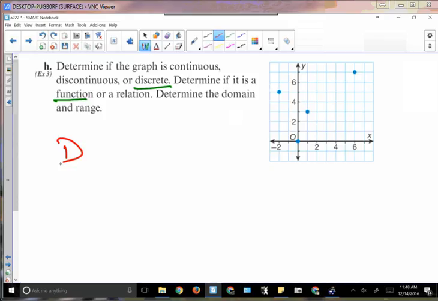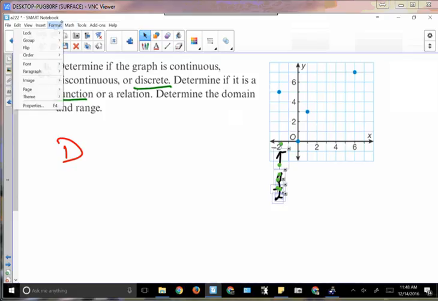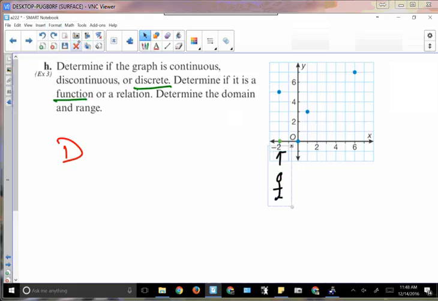Okay, the domain. A little dude is going to be down here. He's looking up. Where does he see things? Well, yeah, he sees things on the up. Of course he does. So if he's over here, where does he see this point?